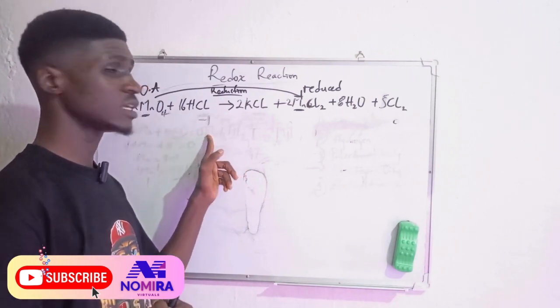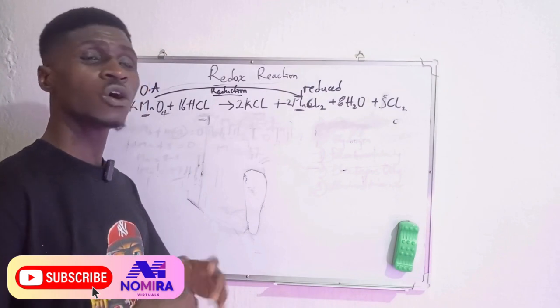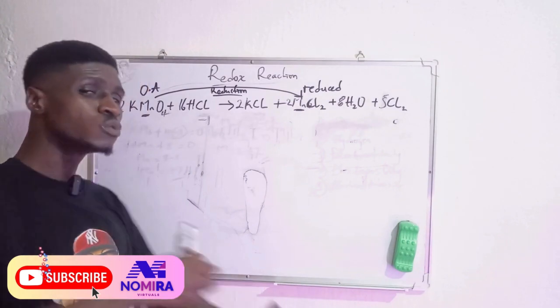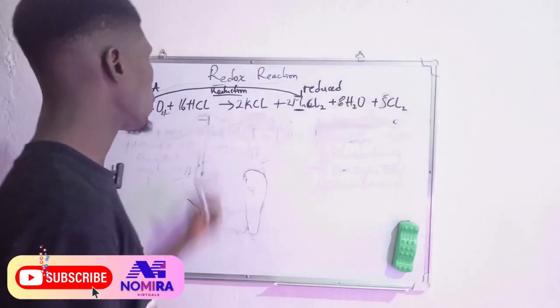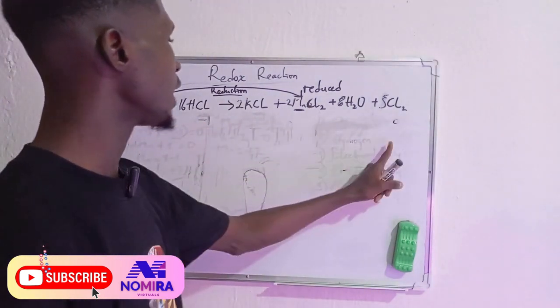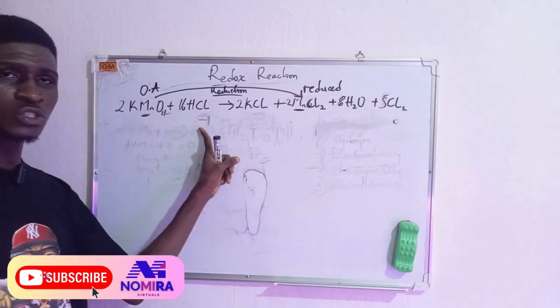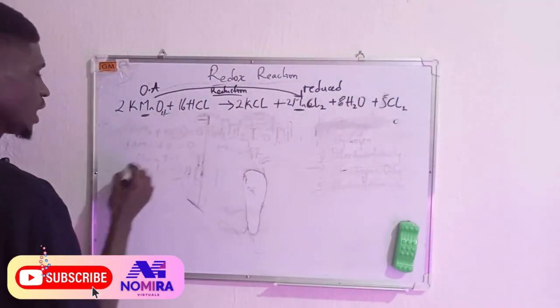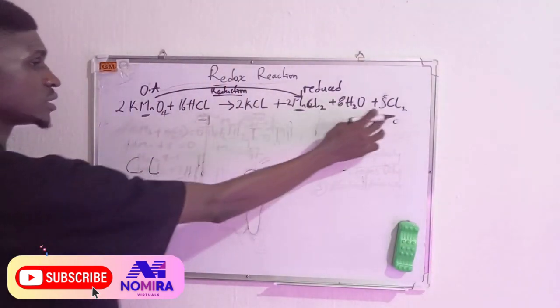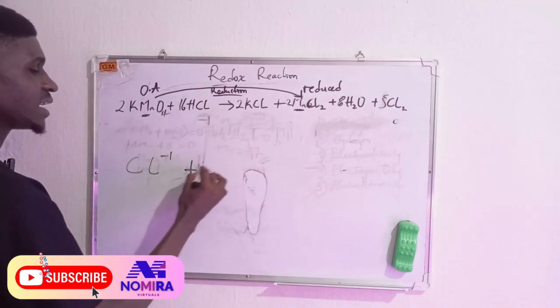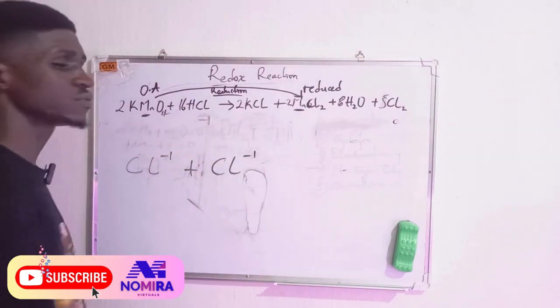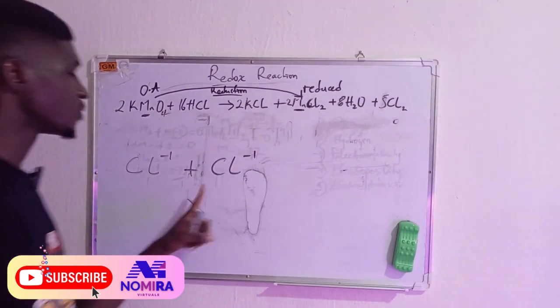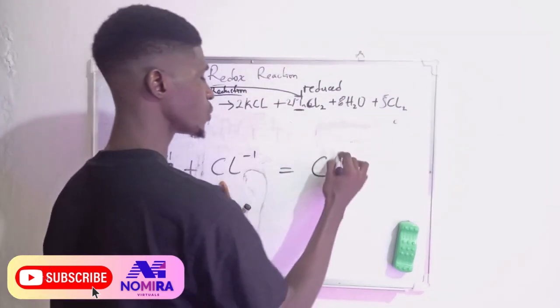In oxidation, for electron transfer, oxidation means removal of electrons. So what happened between here and here, in which case chlorine was -1 here and 0 here, was that at this point chlorine -1 added another electronegative element, which is itself chlorine, to become a chlorine molecule.